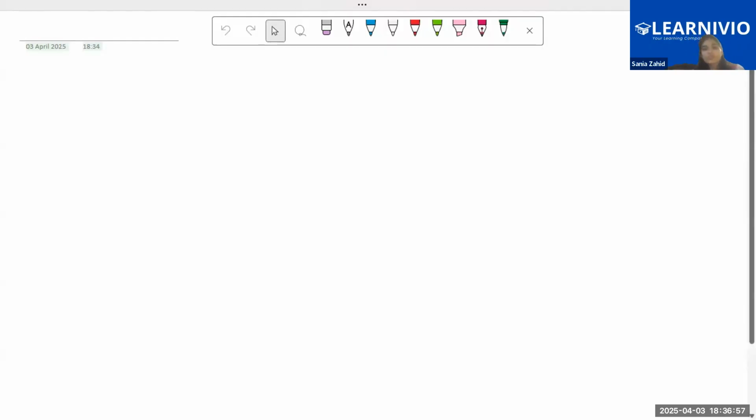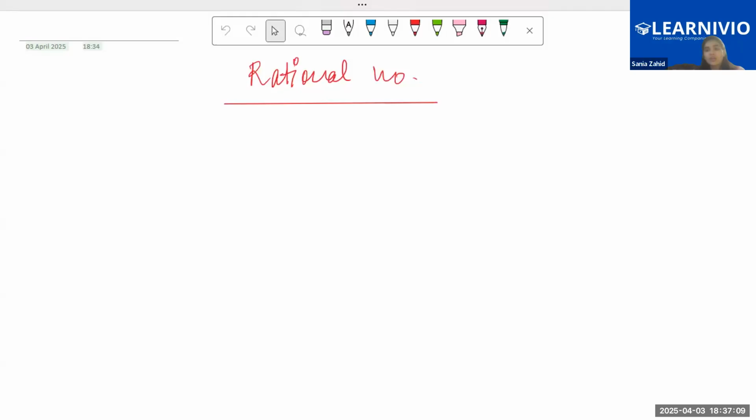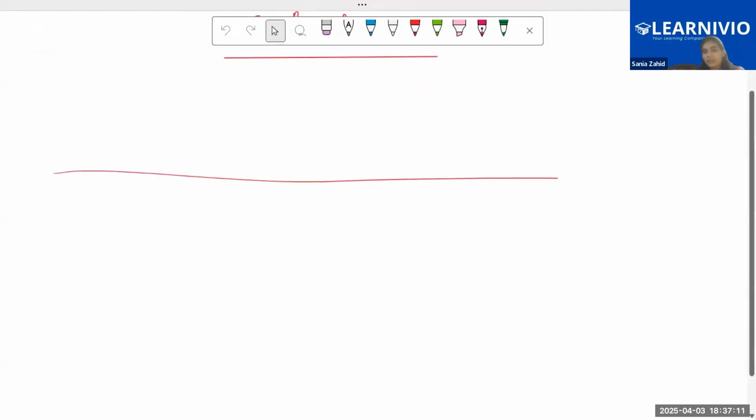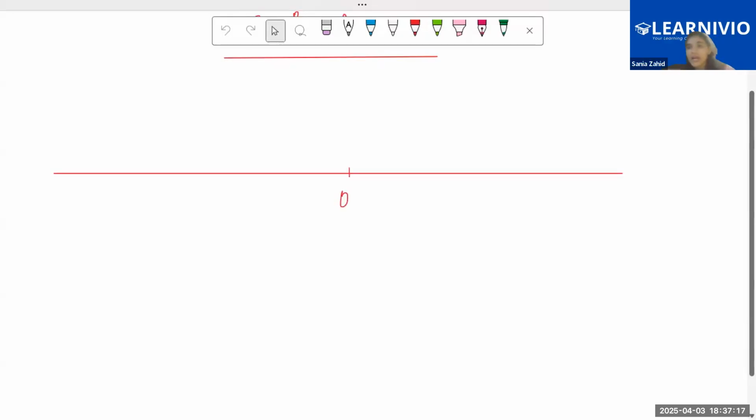Okay, so Pavan, please look on the screen. Now, first of all, we are studying rational numbers in this lesson. If I draw a number line, do you know that on the number line we have a 0? And to the right side of 0, as I keep on counting after 0, I have 1, then 2, 3, 4, 5, 6, and so on.